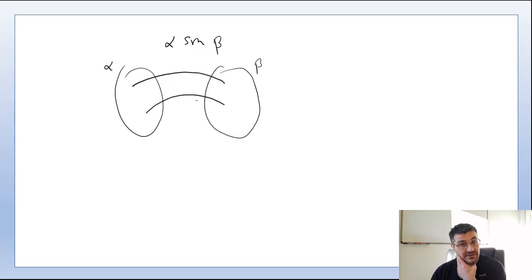SM, by the way, is a typically ambiguous symbol, but it can be used to compare the sizes of classes even from different types. So alpha and beta might be of different types.